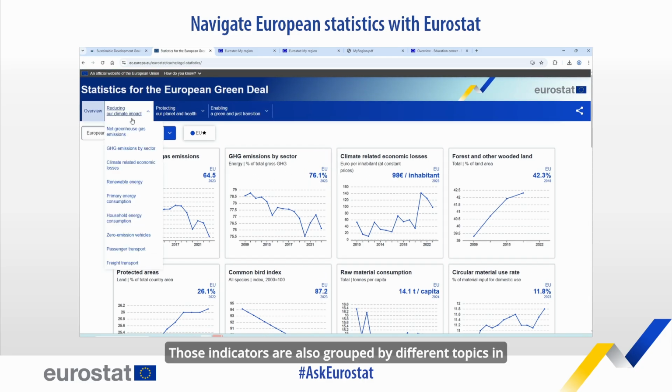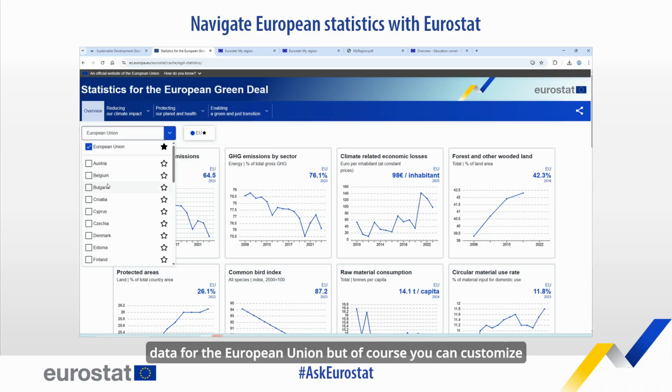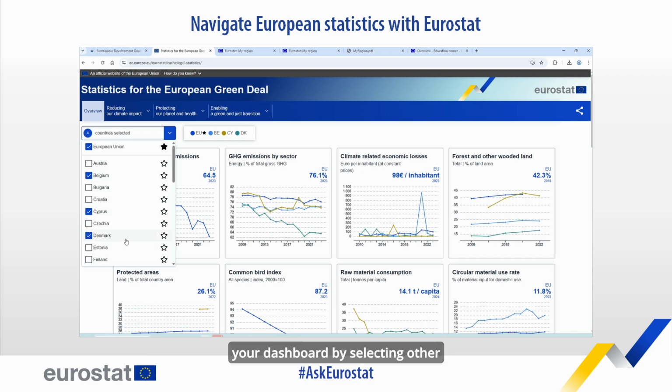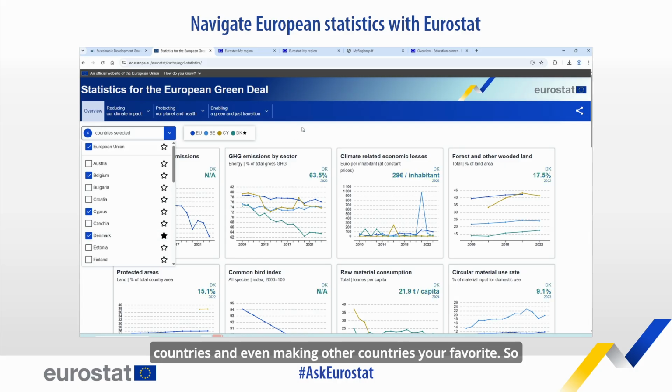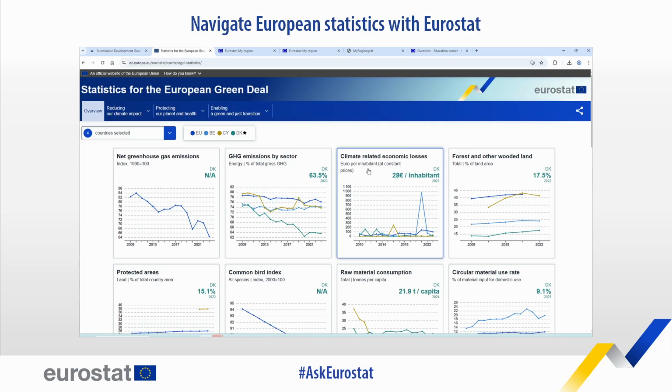Those indicators are also grouped by different topics in the top menu. By default, you have the data for the European Union, but of course you can customize your dashboard by selecting other countries and even making other country your favorite. So the data for this country will be reflected in the cards in the overview.